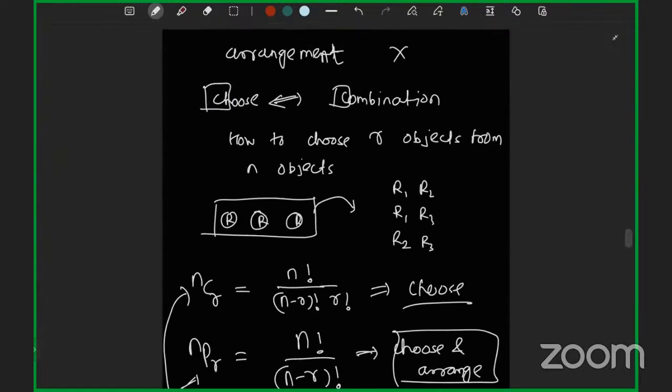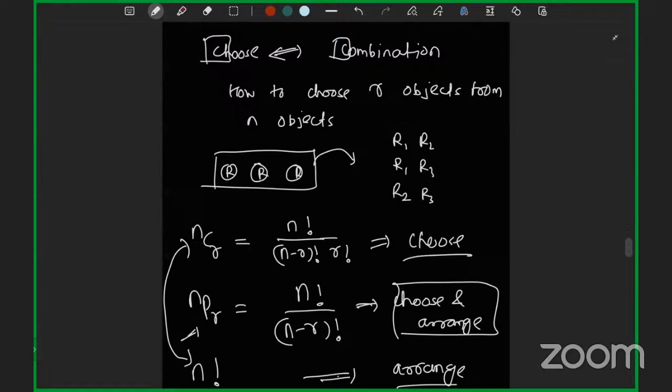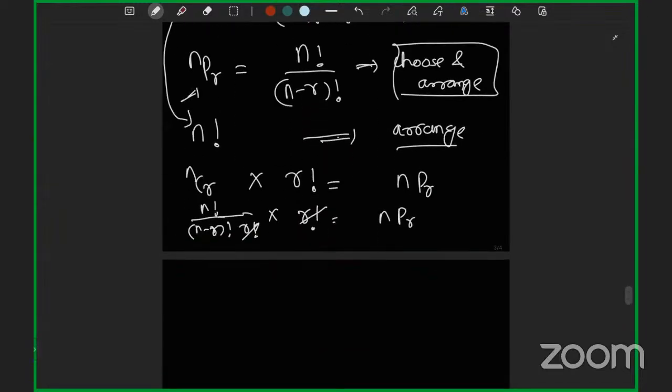Now in this case, let's say I have three objects, they are all the same. I want to choose any two. Then the way to do it is 3C2, right? So that's 3 factorial over 3 minus 2 factorial multiplied by 2 factorial. So we know this is 6, this is 1, and this is 2.